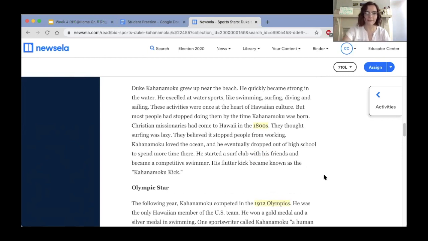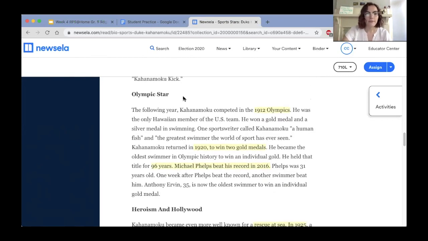Back in the text. Olympic star. The following year, Kahanamoku competed in the 1912 Olympics. He was the only Hawaiian member of the U.S. team. He won a gold medal and a silver medal in swimming. One sports writer called Kahanamoku a human fish and the greatest swimmer the world of sport has ever seen. Kahanamoku returned in 1920 to win 2 gold medals.